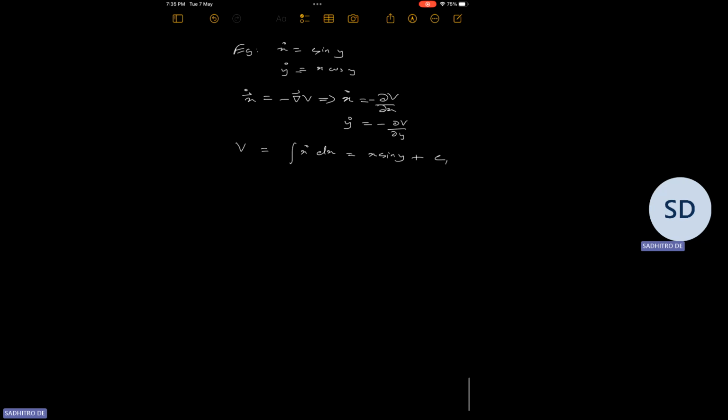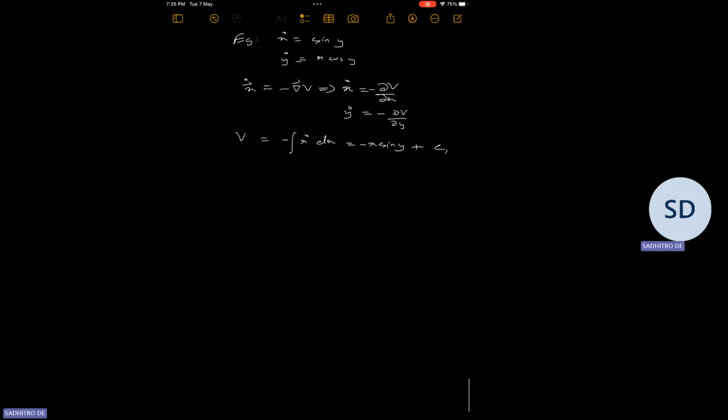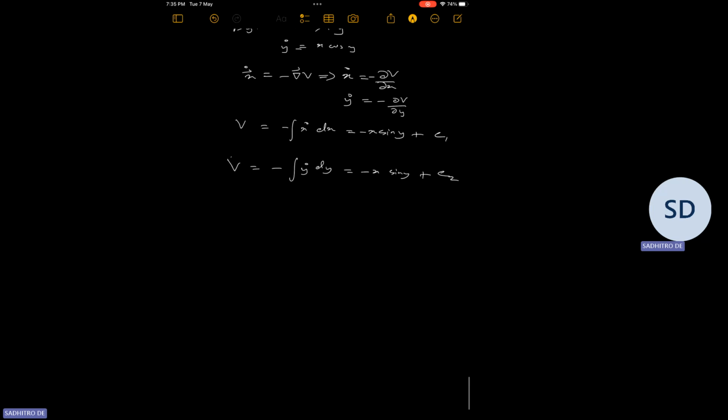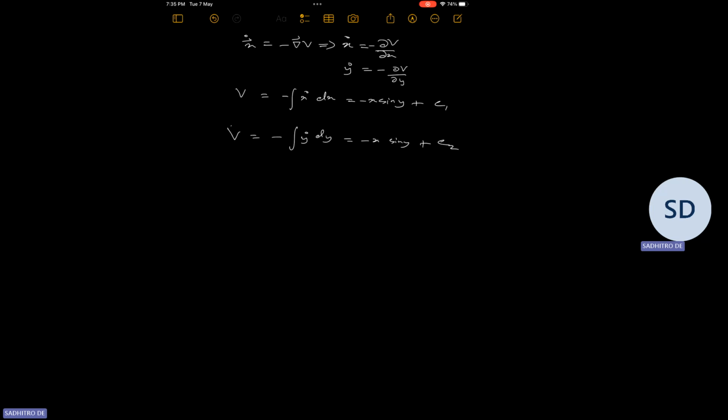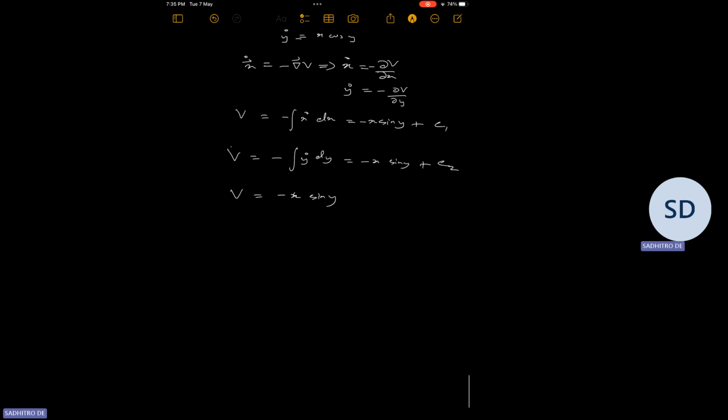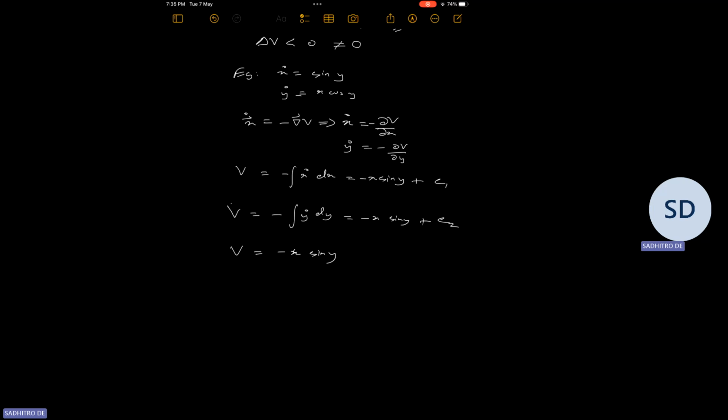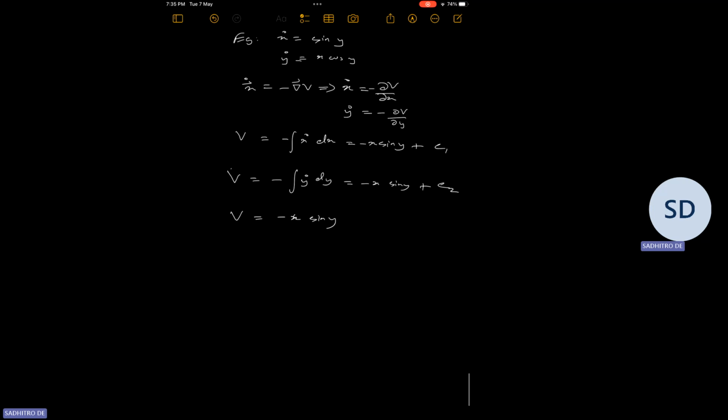It can also be written as minus the integral of y dot with respect to dy, which again turns out to be minus x sine y plus some constant c2. So choosing c1 equal to c2, the potential can be written as minus x sine y. So you see that this system is an example of a gradient system, and as a result of that, it cannot have any closed orbits.